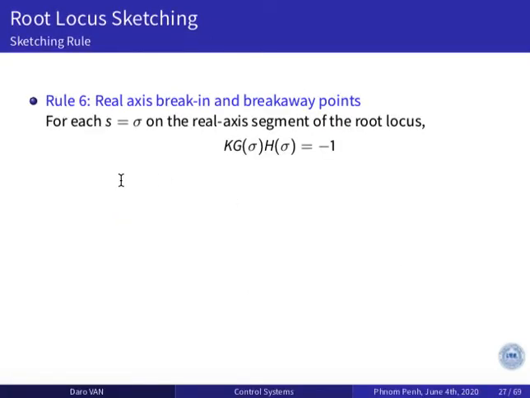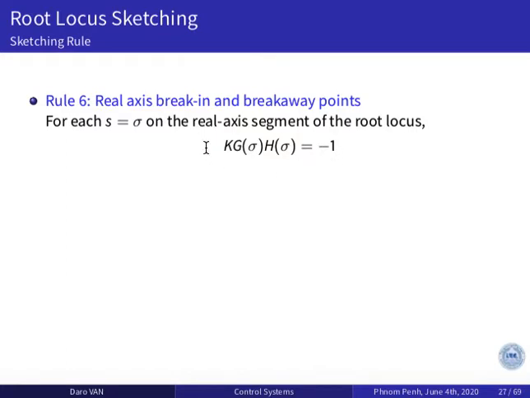And rule number 6 is about real axis break-in and breakaway points. Real axis means it lies on the x-axis. You want to know where the break-in and breakaway points are. So for s equal to sigma on the real axis segment of the root locus, you can just substitute this value into these functions.